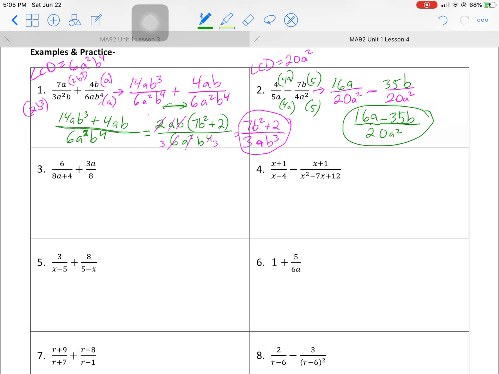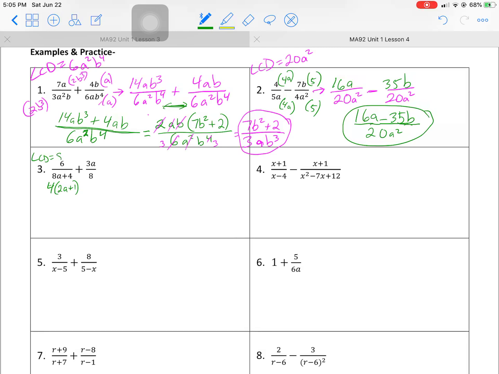All right, let's try this one over here. Those were monomials, right? These are binomials, so we need to factor. Take out the greatest common factor of 4. This is 2a plus 1, and that's an 8. So my LCD is going to be what?